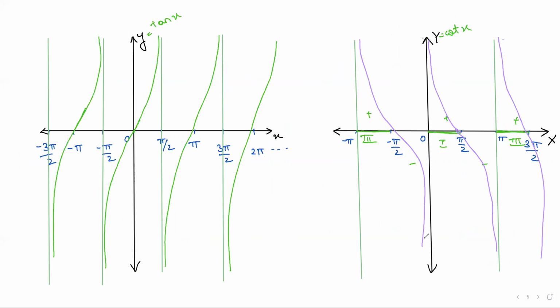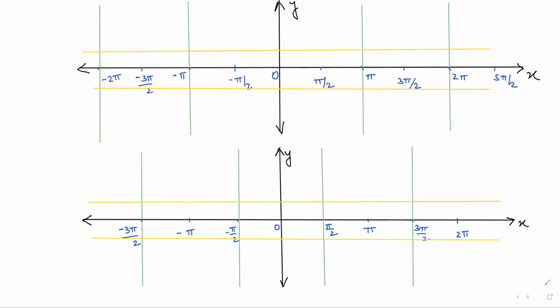This kind of pattern you'll get. So if you observe tan and cot, they are shifted mirror images of each other. But you need not remember this part. This is just an observation.